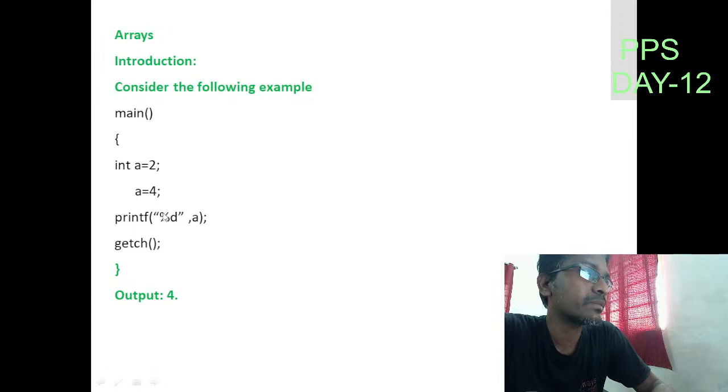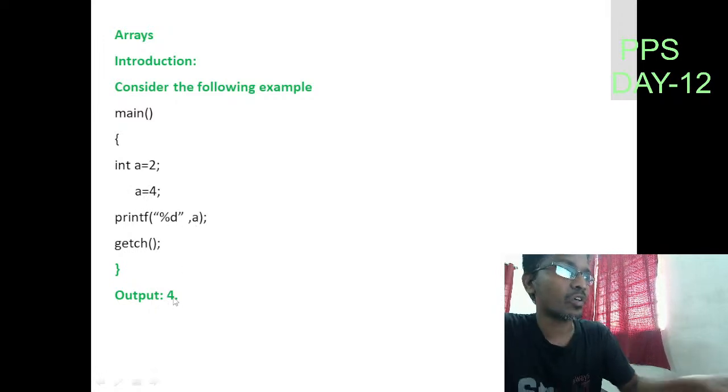That means an ordinary variable is going to hold only one value at a time. So the last value we assign to a is going to be printed as the output.